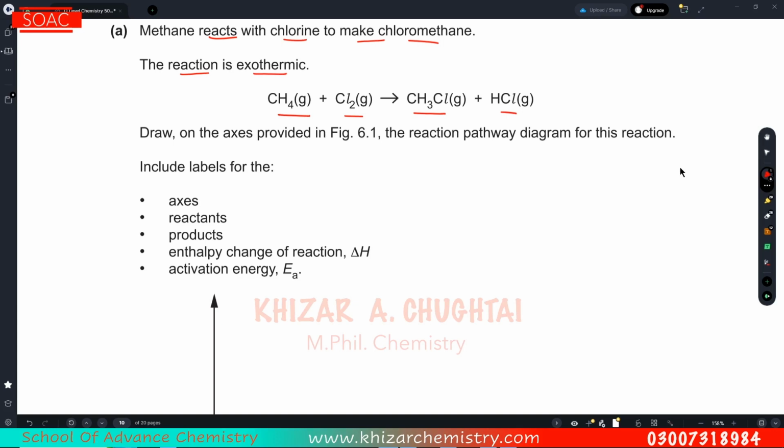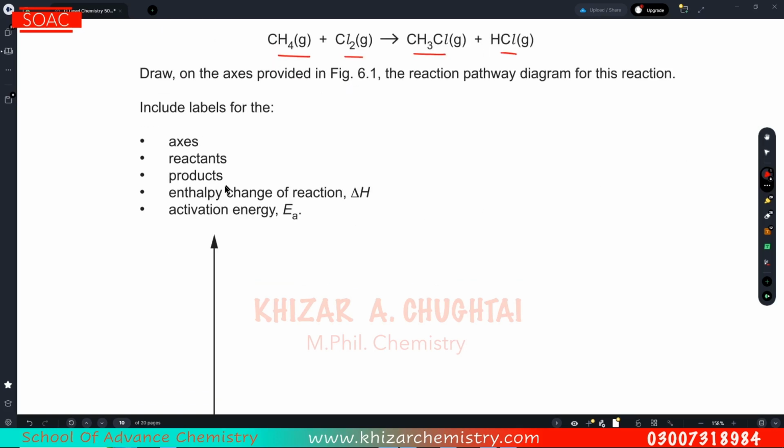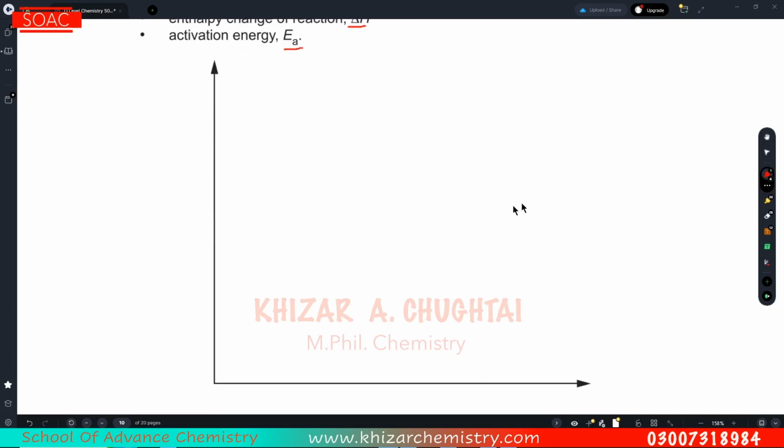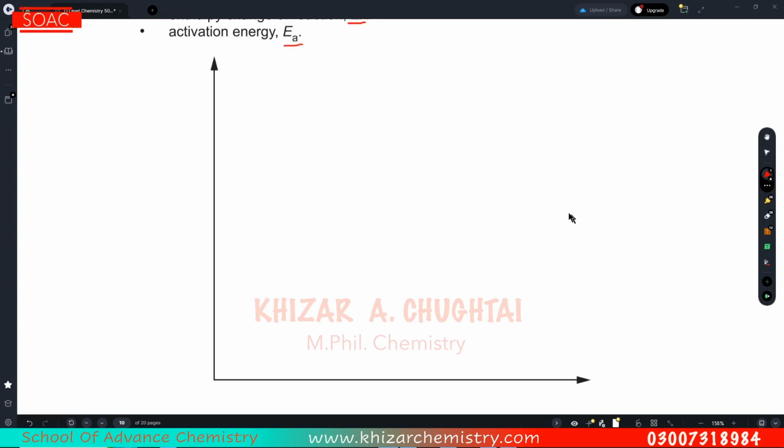Include a label for the axis, reactants, products, enthalpy change of the reaction, that is delta H, and energy of activation. So first of all, I am going to label the axis. Here is enthalpy or energy, and here is the progress of reaction or reaction pathway.